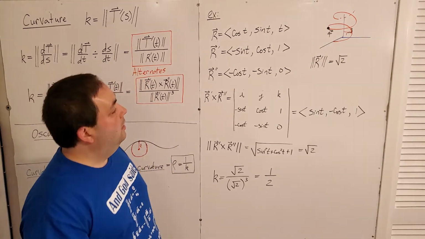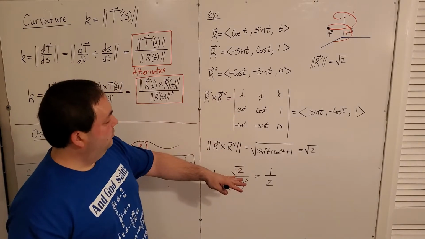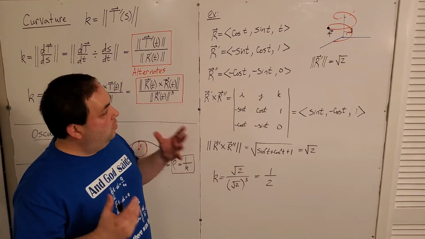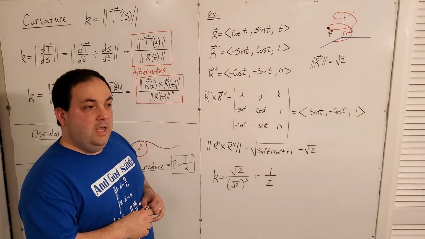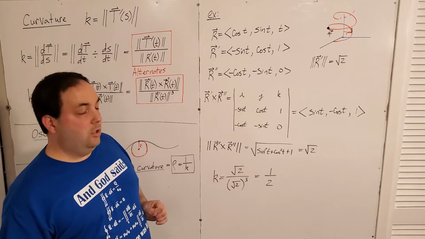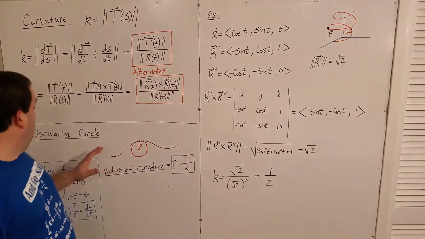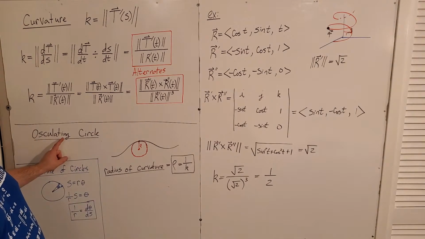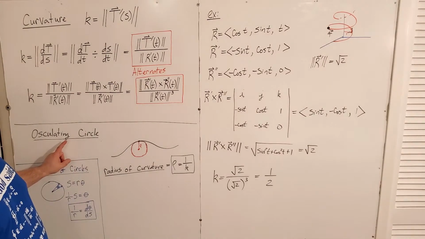Okay, so while we're sitting here talking about this, one other thing that I just want to add to this whole discussion of curvature is another connection to some of the geometry that goes with it, okay? And that's called an osculating circle, right? Osculating. It's Latin for kissing, basically, right?